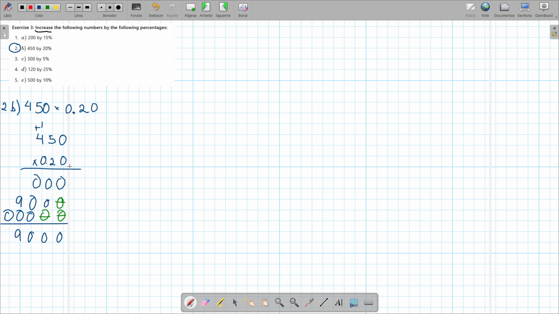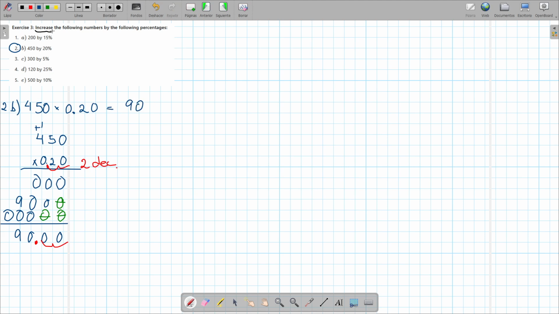Don't forget, I have to count how many decimals do I have. I have 2 decimal places, and now I know that the 20% of 450 in this case will be 90.